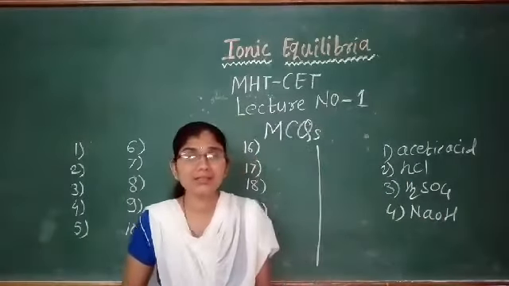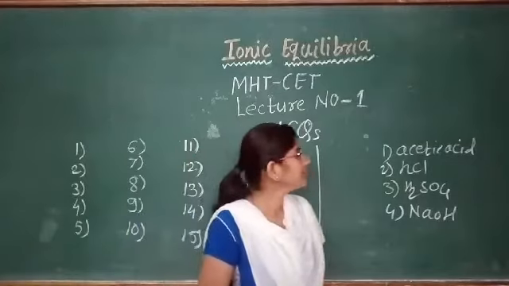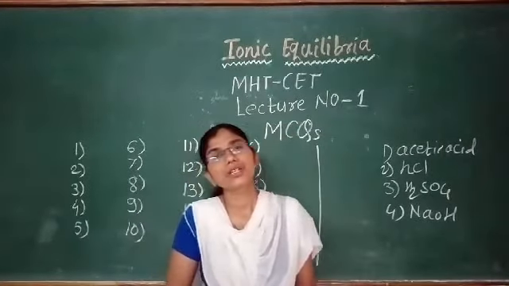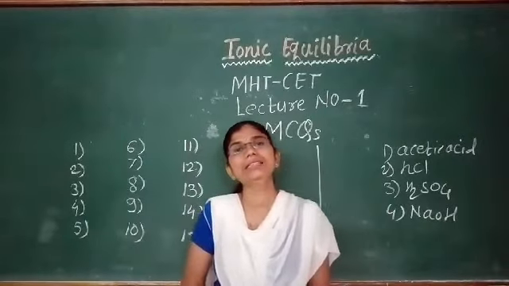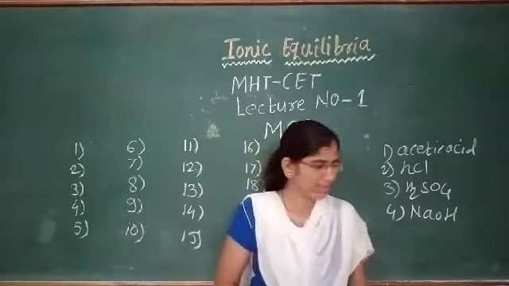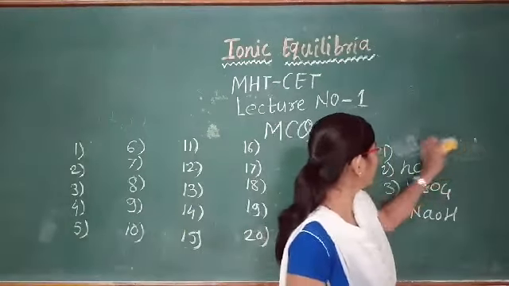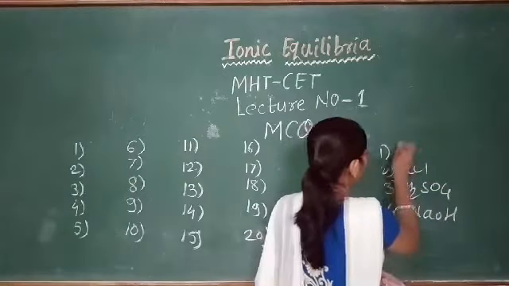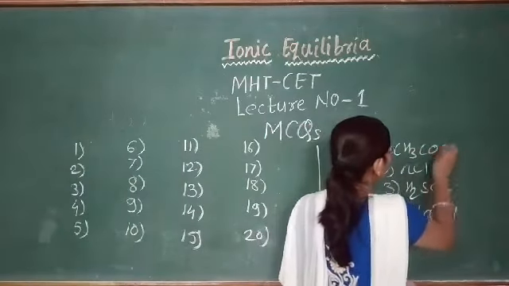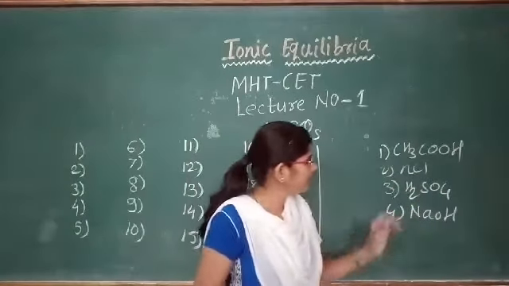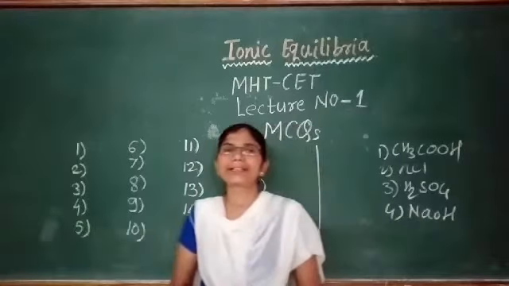As we discussed earlier, a strong electrolyte is one which dissociates completely into its ions. Here, we write the formula of acetic acid. Out of these, which is a strong electrolyte?